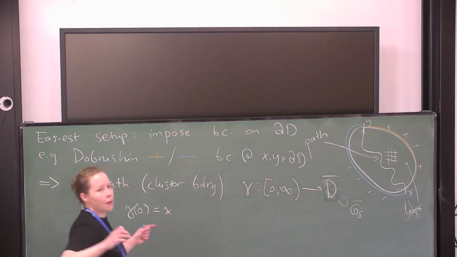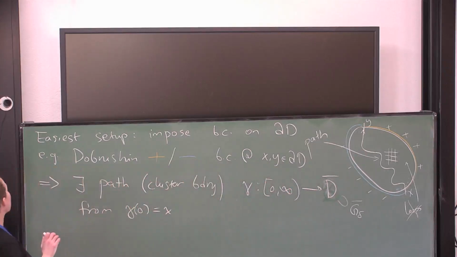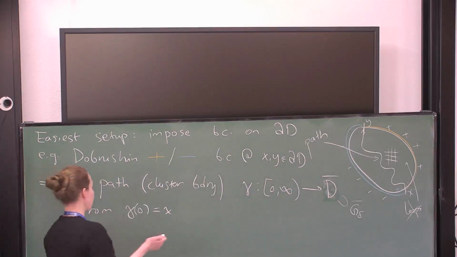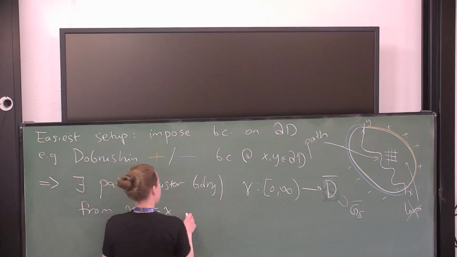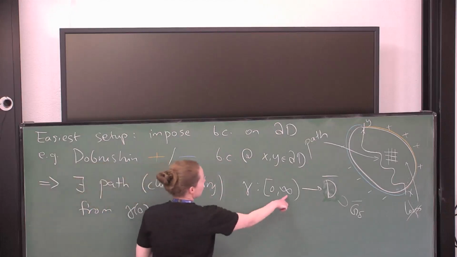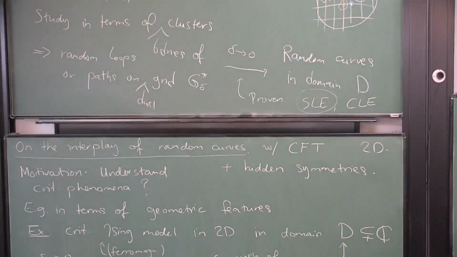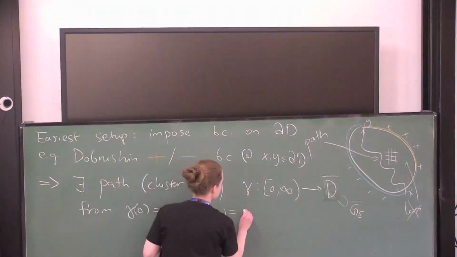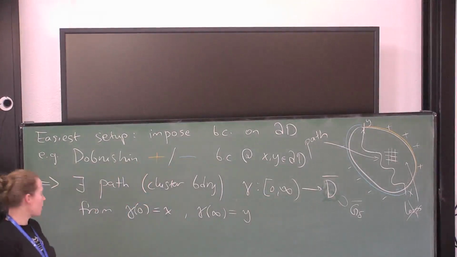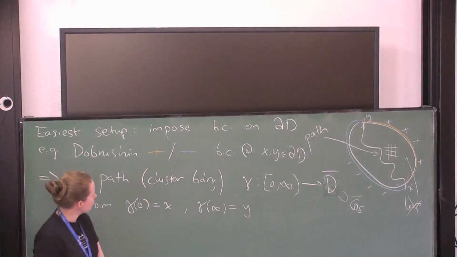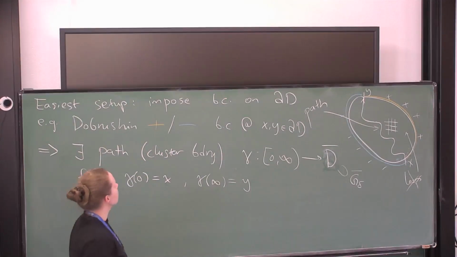And then I'm going to take a limit anyway, so you can forget about this delta for the discussion here. You start from the point x, you follow, right? Then it's convenient to use a parameterization so that time goes to infinity when you reach the other point, just because then it's more consistent with something else I'm going to say. Right.